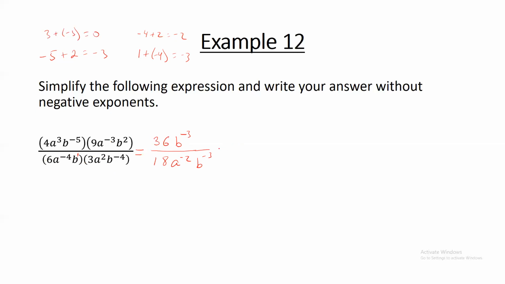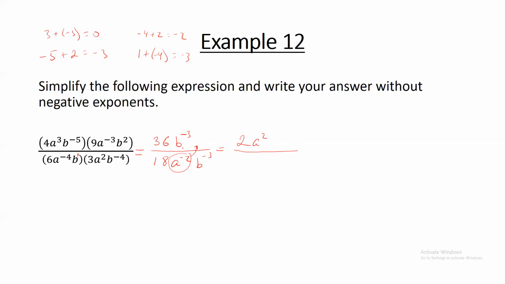Okay. Now it's time to simplify. You can divide 36 and 18 by 18, so that just becomes a 2. The a to the -2 can move up top to become a to the +2, right?